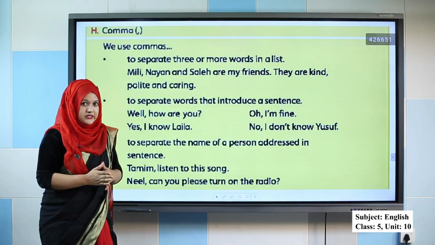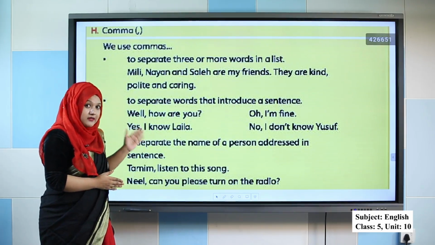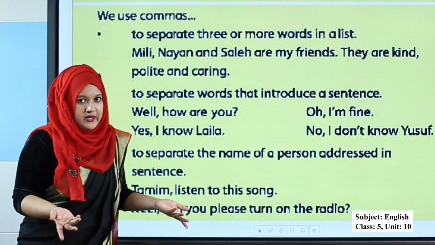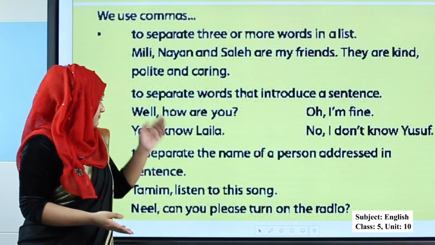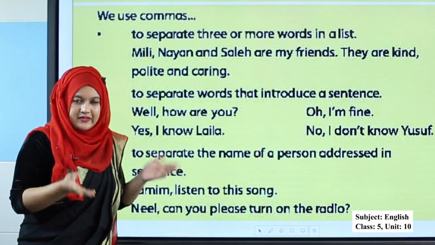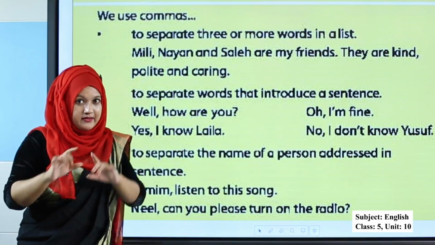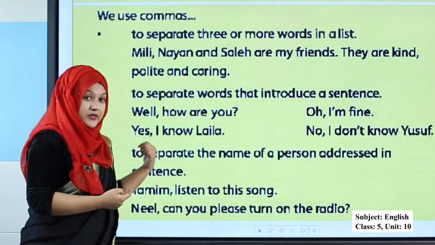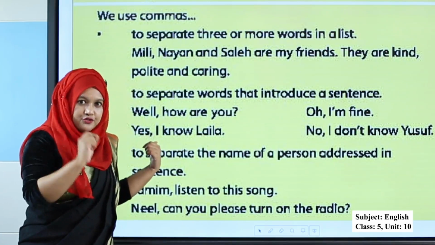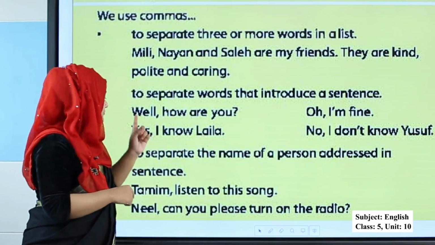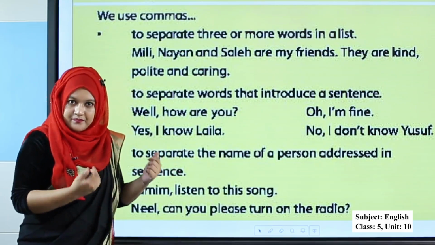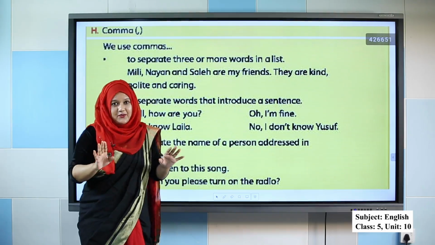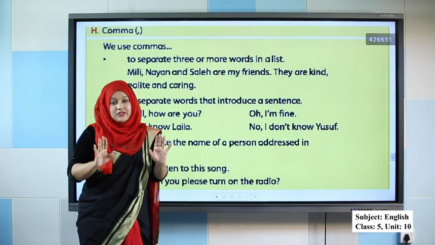Now, dear students, let's go to another sentence. The sentence is, yes, I know Laila. Then, I know Laila. This is the sentence to be separated from the word yes. So, we should use comma after the word yes. Okay, now the next sentence. No, I don't know Yusuf.